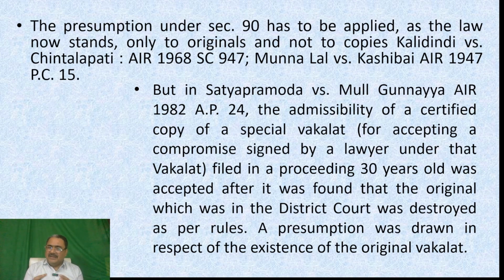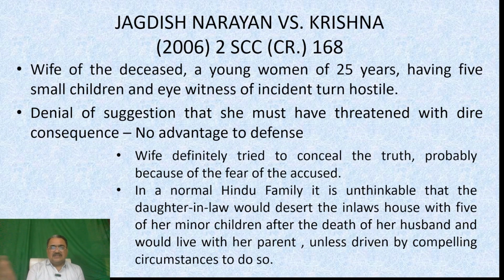So, there are many circumstances when old documents are not available. Something produced from proper custody, the court may draw some inferences from there. In the Jagdish Narayan case, the wife of a deceased, a young woman of 25 years having 5 small children, an eyewitness of the incident, turned hostile.